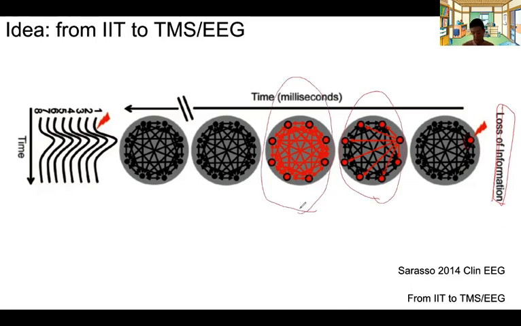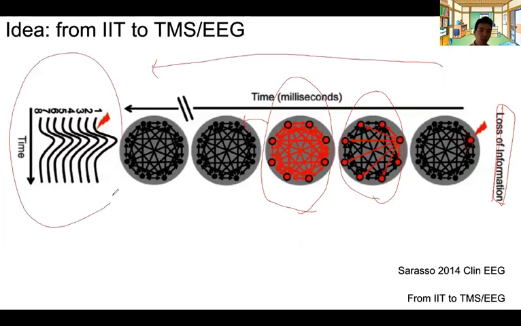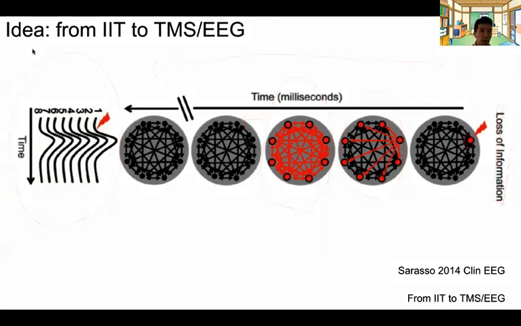But because of the inhibition-excitation balance and so on, it goes back to the baseline quickly and then remains silent as time goes from right to left. That corresponds to this homogeneous activation and then a quick return to baseline.